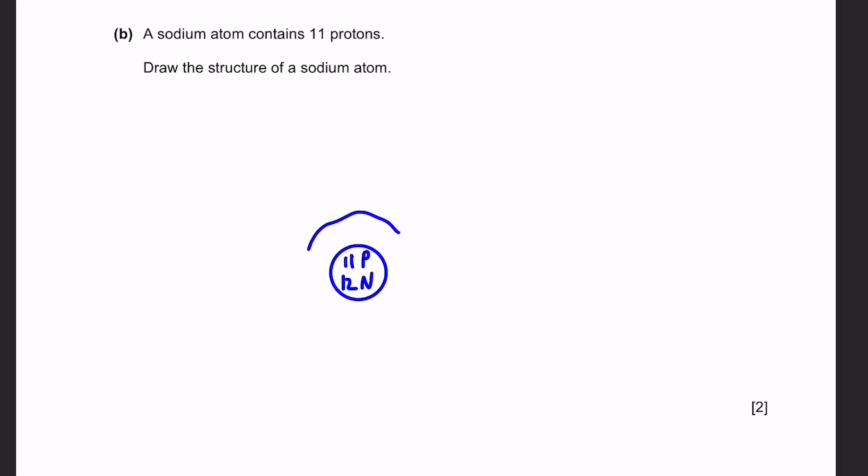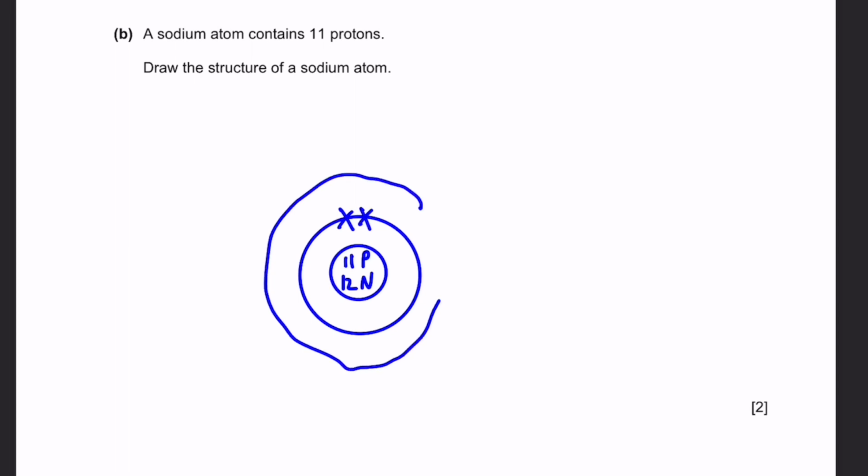So now in the first shell, we have 2 electrons. We're going to pair these up because we need to group them into pairs. Now in the second shell, you can maximum fit 8 electrons, which we'll be doing now. In the first shell, you can only fit 2, that's why I've only drawn 2.